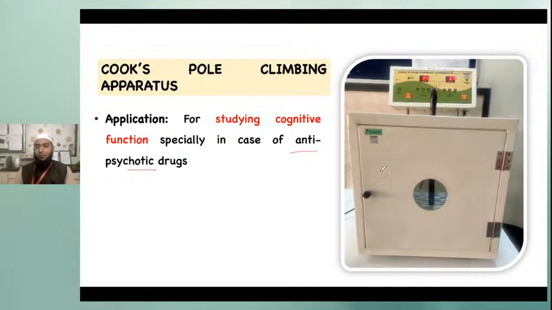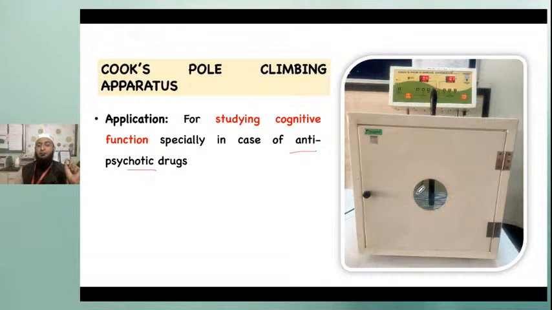Simply what you are doing is giving two types of stimulus. One is a conditional stimulus, where there is a sound, followed by an unconditional stimulus like electrical current. The moment the animal listens to the sound, he learns that he has to climb the pole. If he doesn't climb the pole, there will be the current, right?